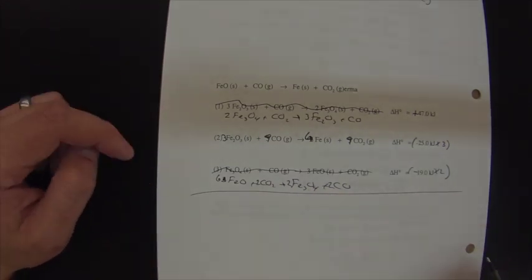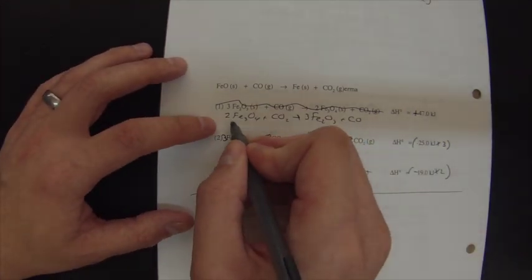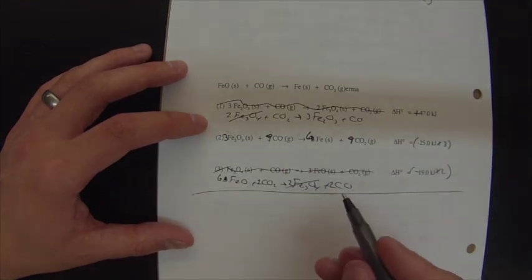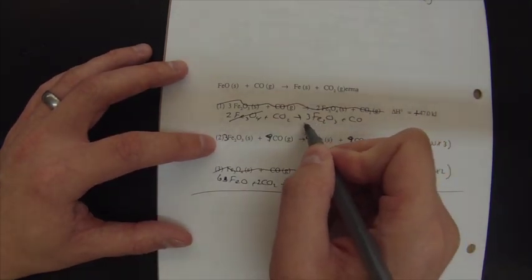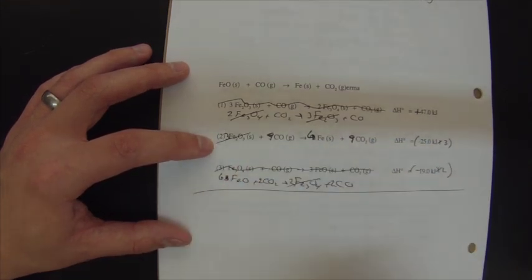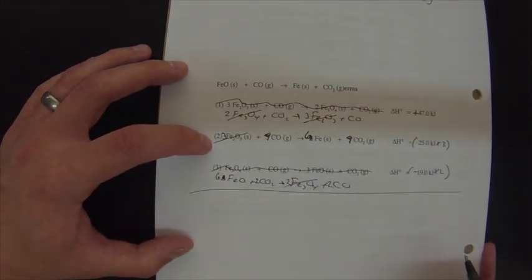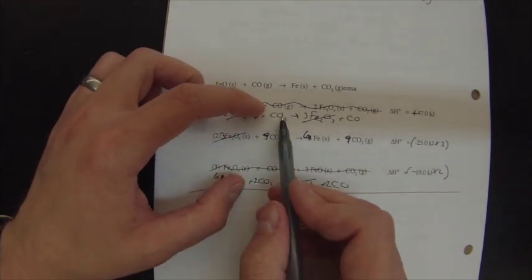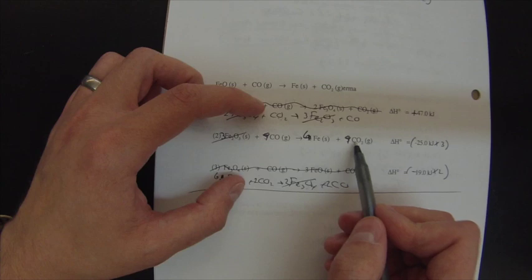So now, if we sum this, our 2 Fe3O4s cancel. Our 3 Fe2O3s cancel. We have 2 CO2s and 1 CO2, so we have a total of 3 CO2s on the left and 9 over here.